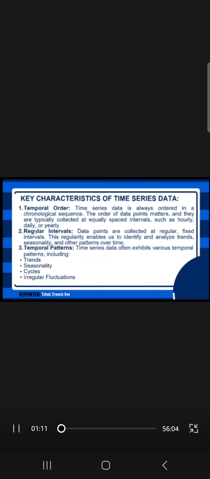First is temporal order. Time series data is always ordered in a chronological sequence. The order of data points matters, and they are typically collected at equally spaced intervals such as hourly, daily, and yearly. Second is regular intervals. Data points are collected at regular, fixed intervals.